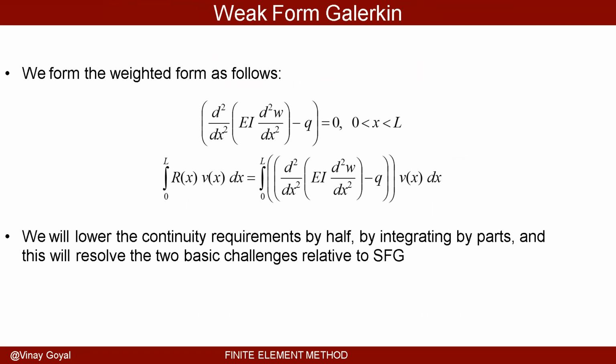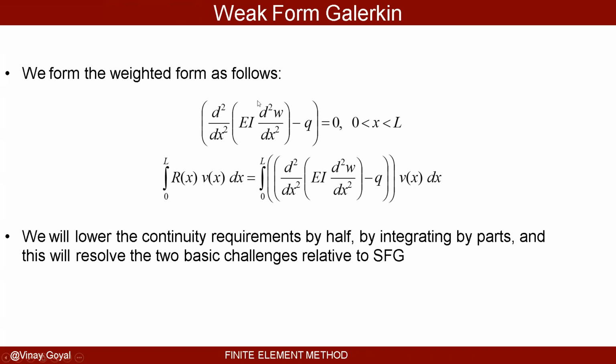But there is a benefit to going to weak form Galerkin because in the weak form Galerkin, you can decrease the continuity requirements for the approximation function, number one. And number two, we only have to satisfy the essential boundary conditions with the approximate solution and then use the weak form to satisfy the natural boundary conditions in an implicit manner.